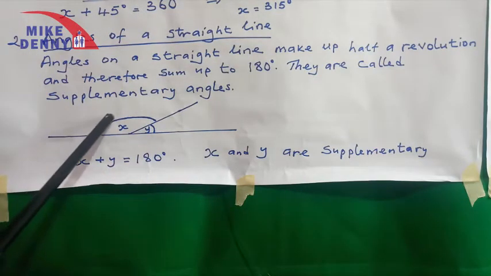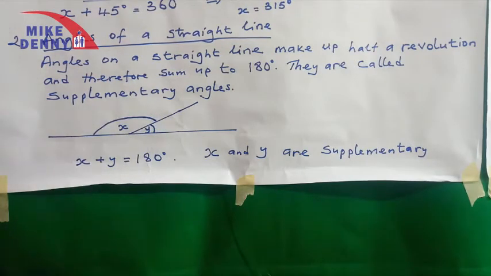Therefore, this angle should be 180 degrees. That's why we have written here X plus Y equals 180 degrees. And if X plus Y equals 180 degrees, we say that X and Y are supplementary angles.